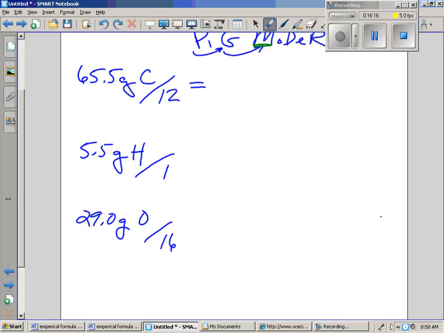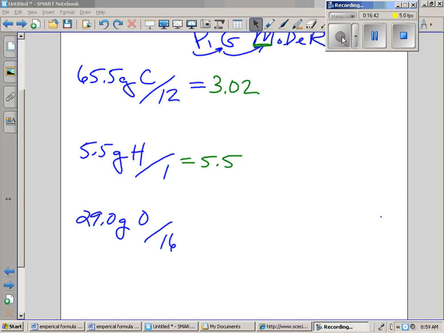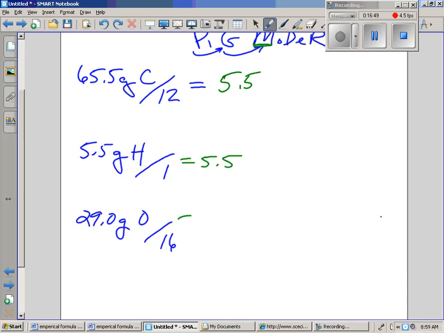So 65.5 divided by 12 is 3.02. 5.5 divided by 1 is 5.5. 29.0 divided by 16. Wait. Okay, I've been corrected. I'm not a math genius. This is 5.5, and this is 1.8.